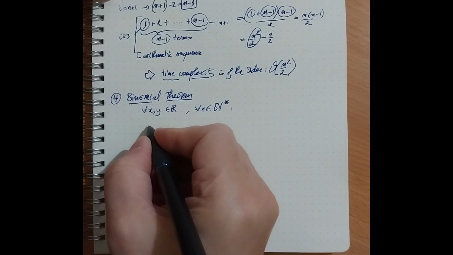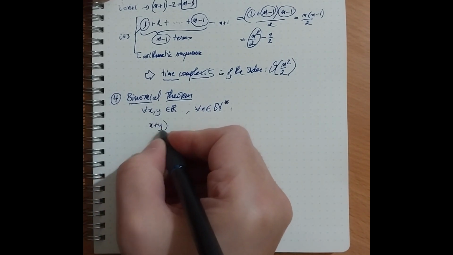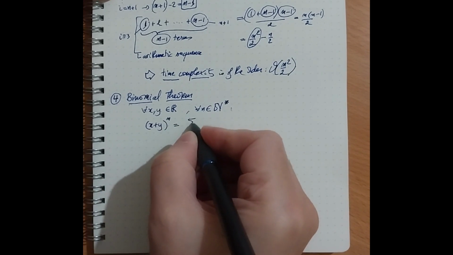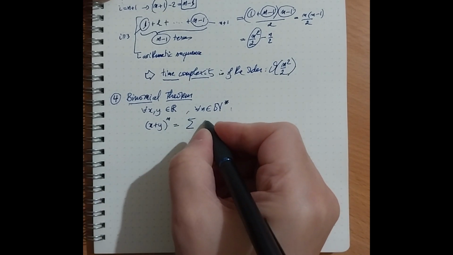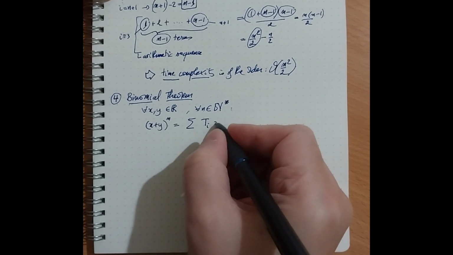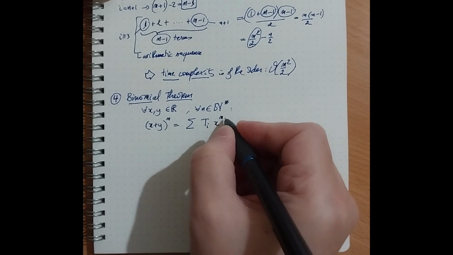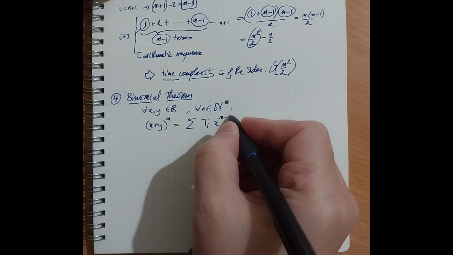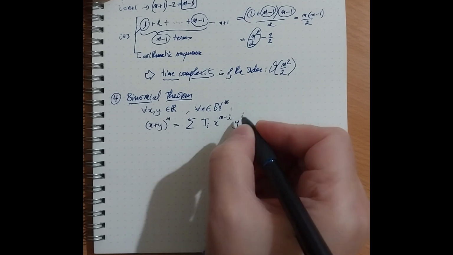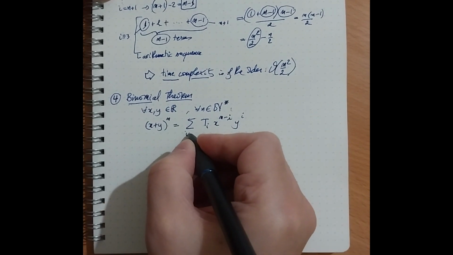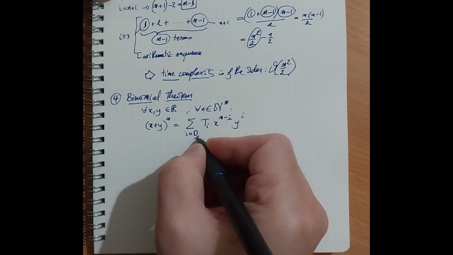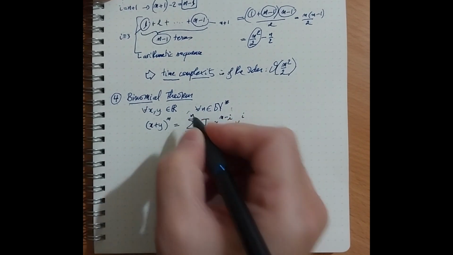We have (x plus y) to the power of n equals the sum of coefficient t_i, index i, x to the power n minus i, and y to the power of i, from i starting at 0, not at 1, till n.